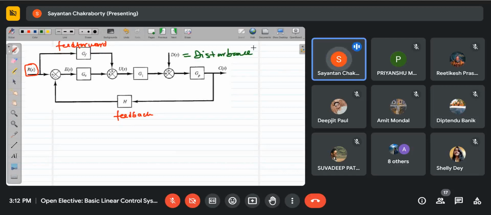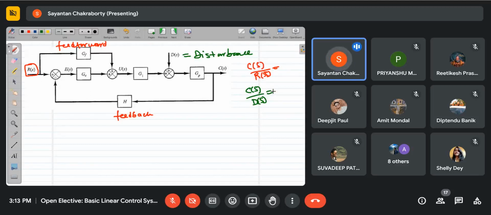Now, in some situations, we have to find out C(s) by R(s). That is a response function, how the system is responding to the reference input, or C(s) by D(s). That is how the response is changing under the influence of a disturbance.